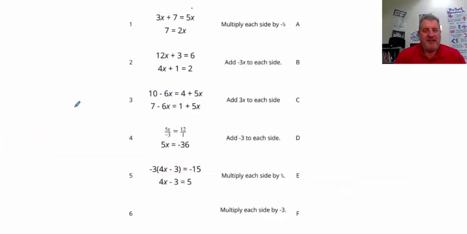Okay, let's do this next activity, and I want you to do this one on your own. I want you to see if you can figure out for each of these equations, 1 through 5, it starts out with 1 and then it changes to something else.